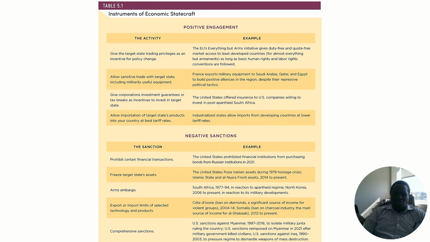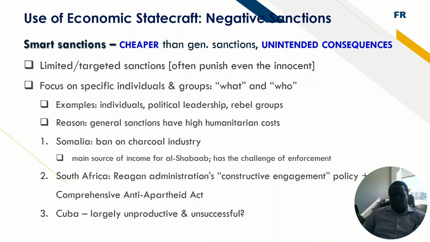So positive engagement, but also negative engagement. So for example, US prohibiting certain sales of components to China or to Russia would be an example of negative sanctions. Now, sometimes they can be cheaper, although they have unintended consequences.